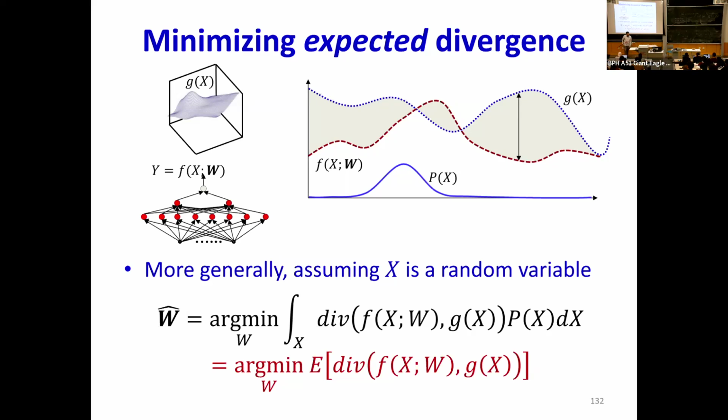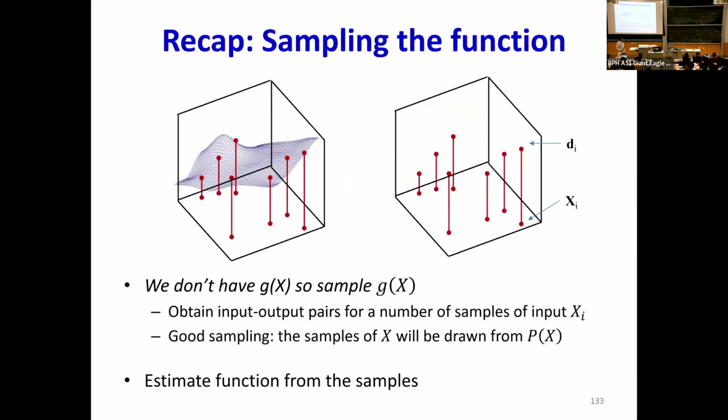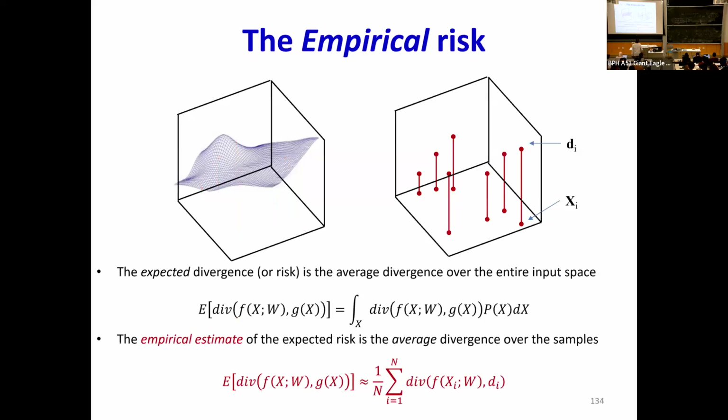But then once again, we have the issue that we don't really know g. We're only able to collect some samples of g, some input-output pairs. And so rather than minimizing the expected value of the divergence over the entire input space, we are going to minimize the average divergence over all of your training samples.